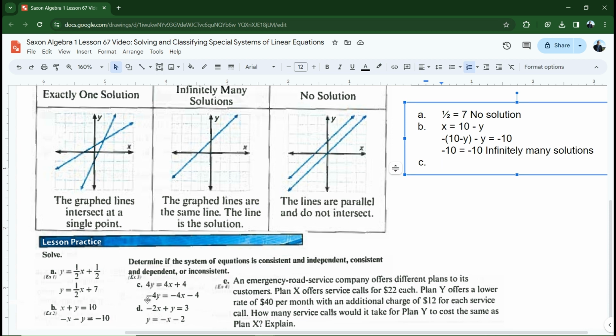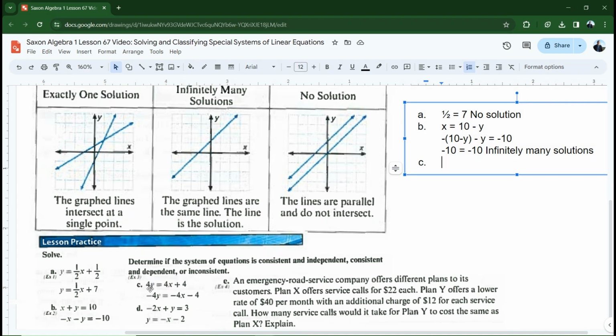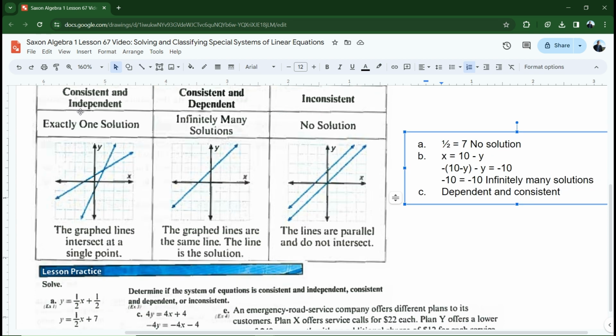For this one, I'm just going to look at it by inspection and note that 4y equals 4x plus 4 is the same equation as negative 4y equals negative 4x minus 4, because this is just multiplied by negative 1. So by inspection, I can say that these ones are dependent and consistent. They're the same line. That makes them dependent, and if they're dependent, they're also consistent.